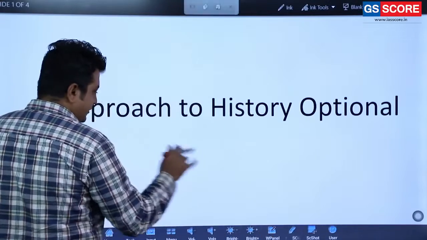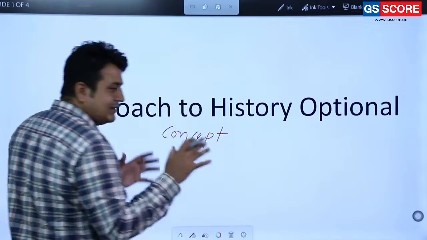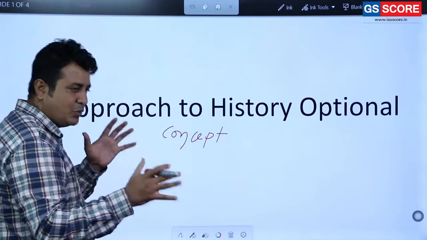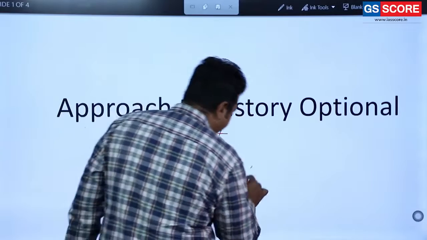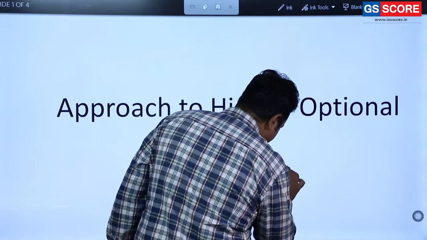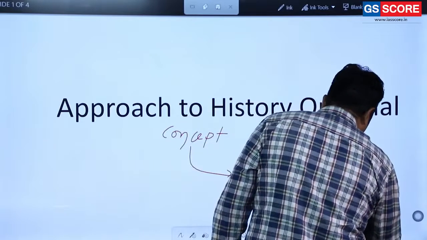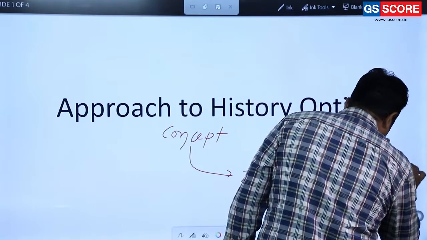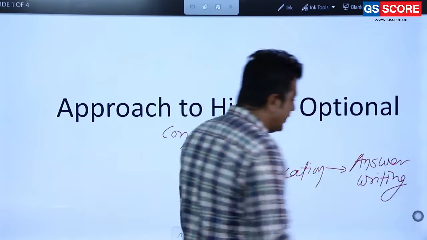Yes everyone, the first important aspect is the concept: what exactly is the concept of a particular question, and how are we going to use this concept in application. Basically, this application is none other than answer writing. Clear?